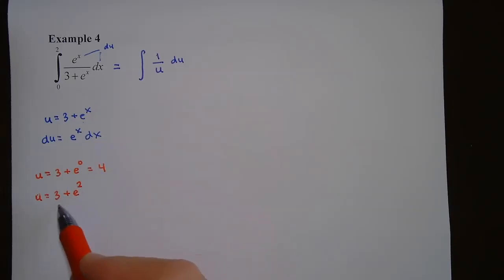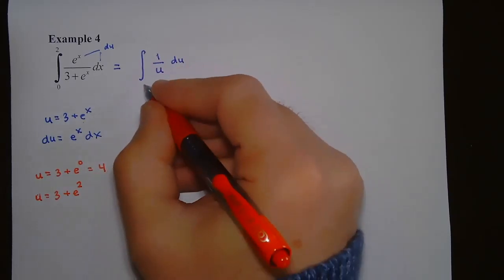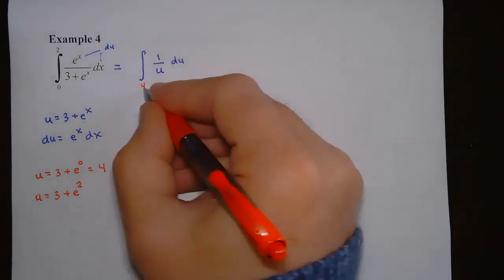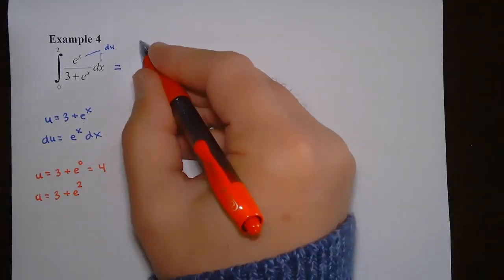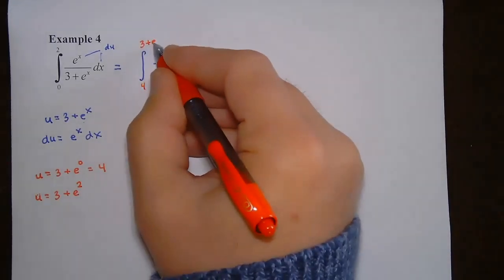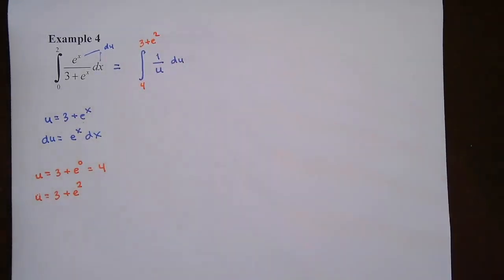There's really no way you can rewrite that any other way. I'm doing this example to show you that you can have upper limits that are a sum of 2 numbers, especially if you can't calculate it. So the lower limit is 4, and the upper limit is 3 plus e squared.